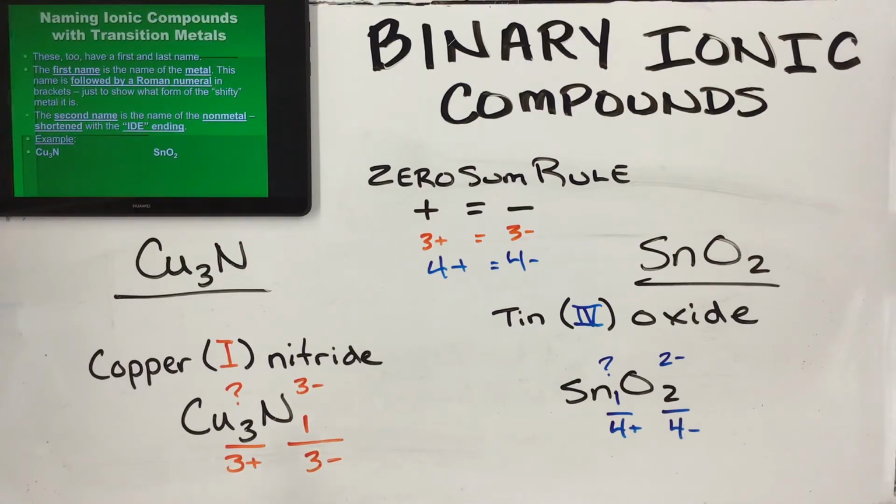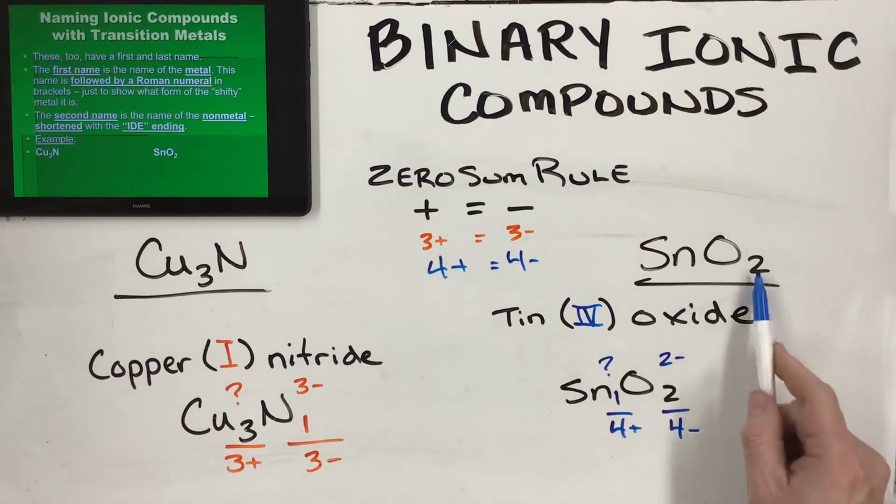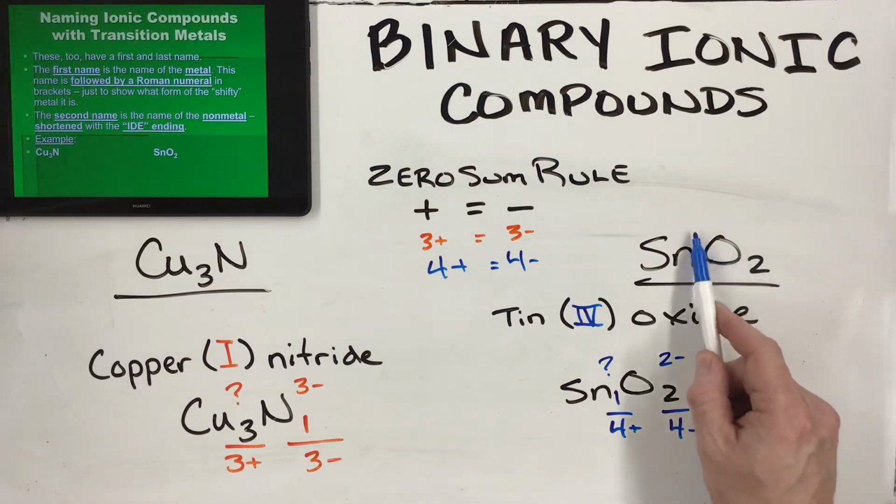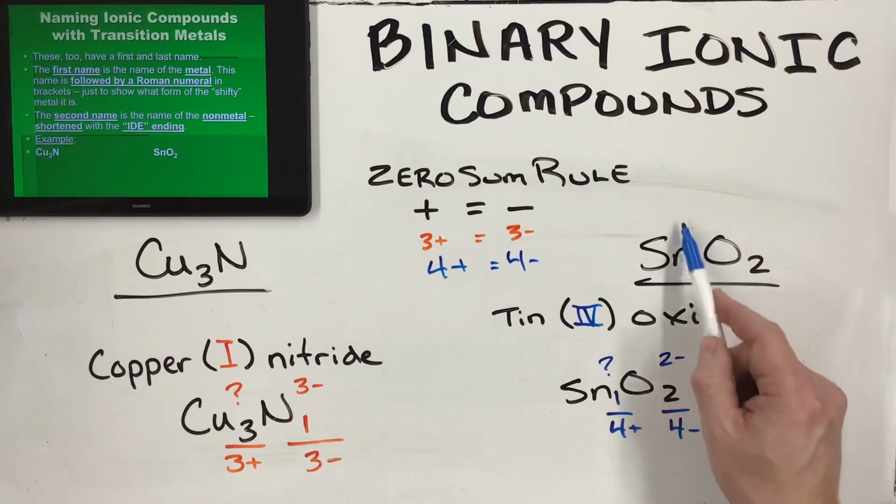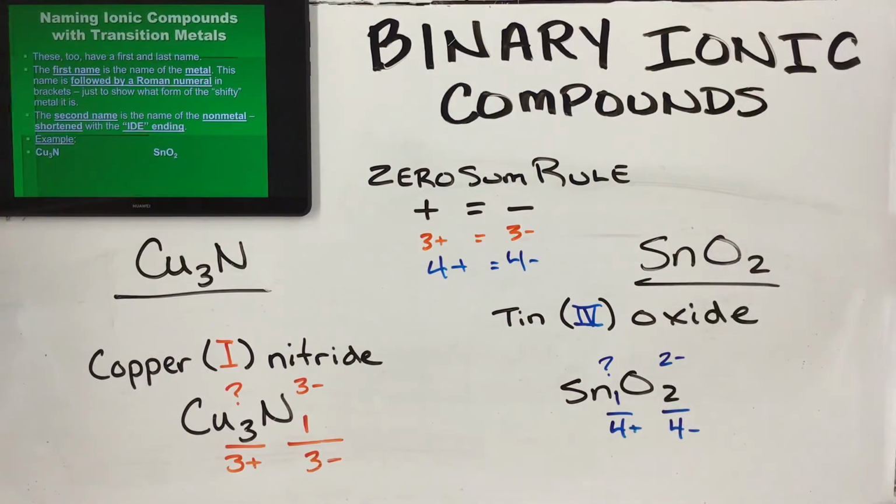Now, if I look at this, let's say we went with that reverse crisscross rule. We know the real name is tin 4 oxide, but if I reverse the crisscross and brought that 2 up here, I would say it's tin 2 oxide, and that's incorrect, right? Because remember, when you do the crisscross method to make up these formulas, one of the steps is reduce.